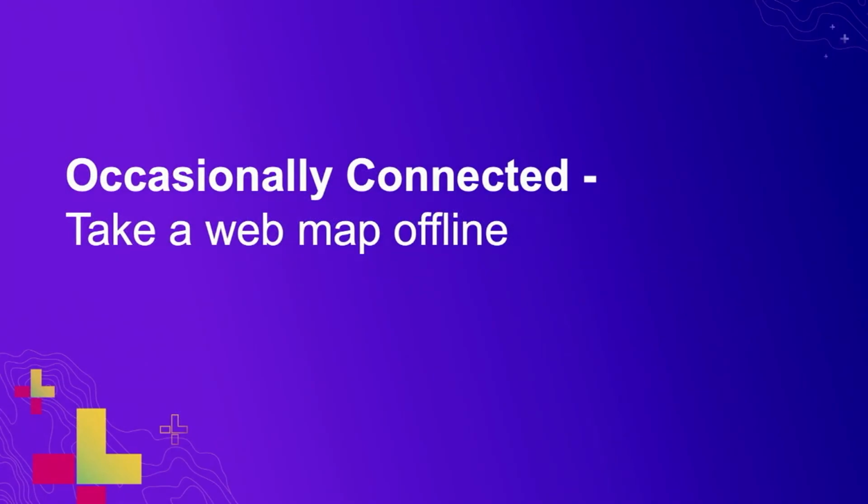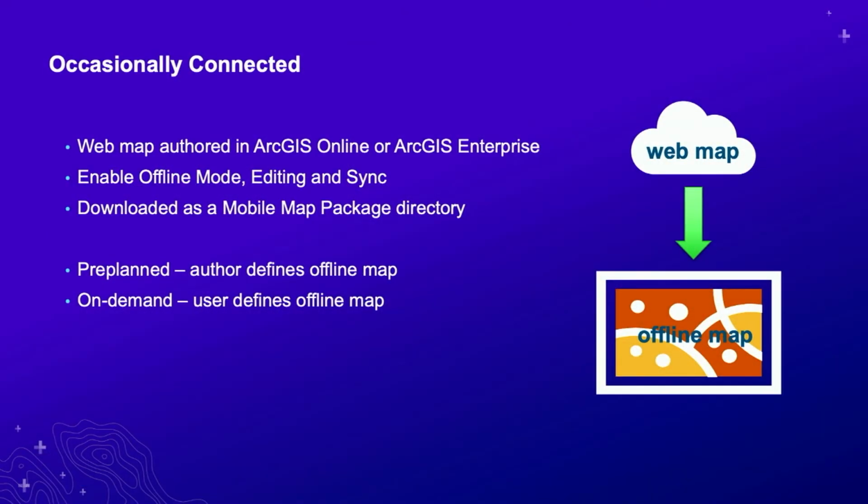So let's take a look at the occasionally connected workflow. So this is where you're taking a web map offline. So occasionally connected, you author a map inside of ArcGIS Online or ArcGIS Enterprise. Once you've authored your map, by default it's not enabled to go offline.